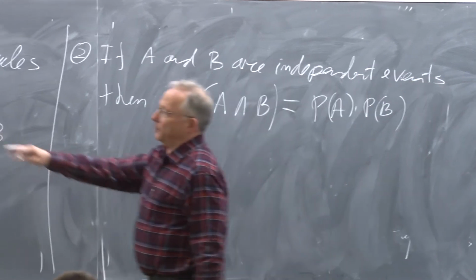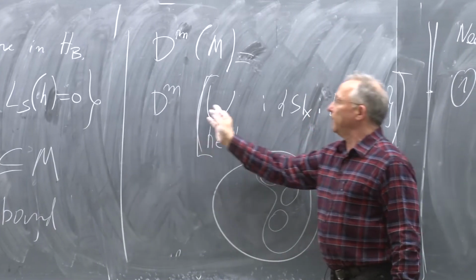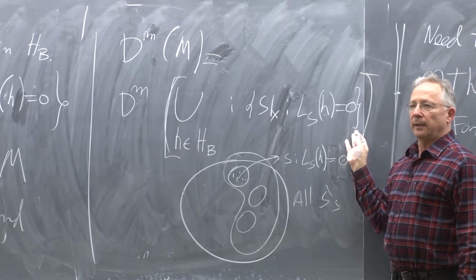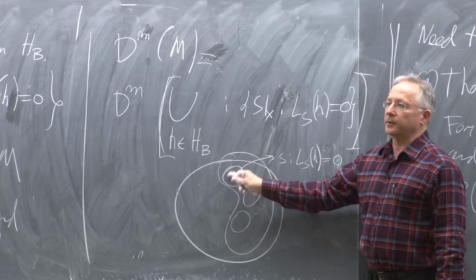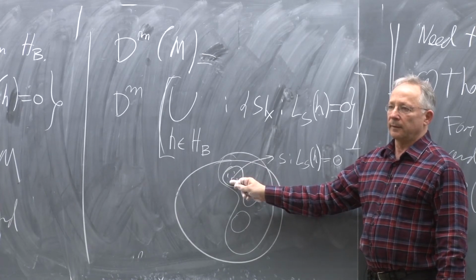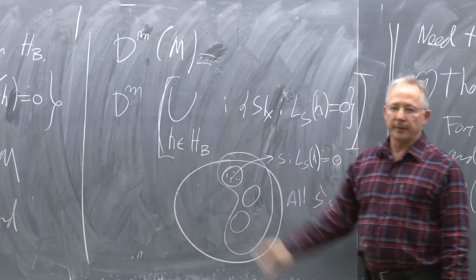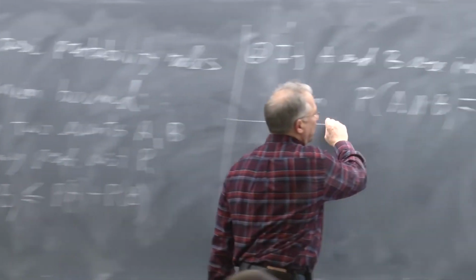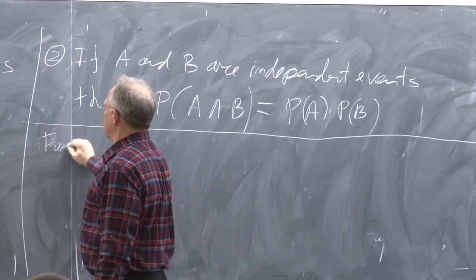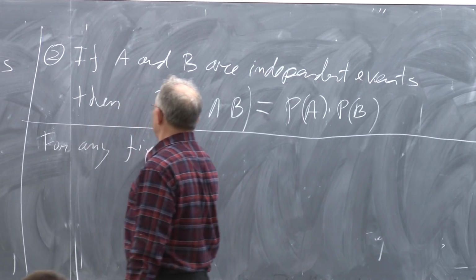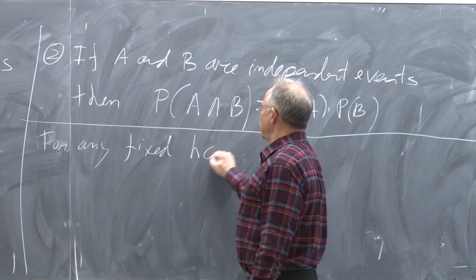So now we go back to here. What we want to upper bound is the probability of this union. So it's enough to upper bound the probability of each of those elements, and then take the sum because of the union bound. So now we are back to our proof. Fix any H in H bad.